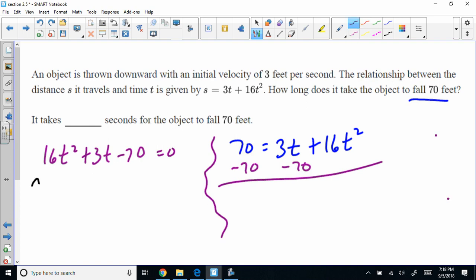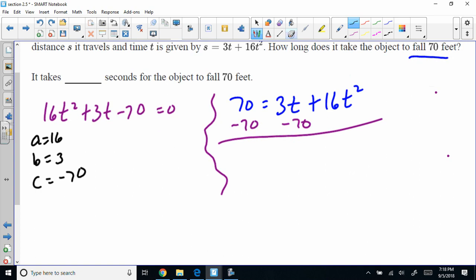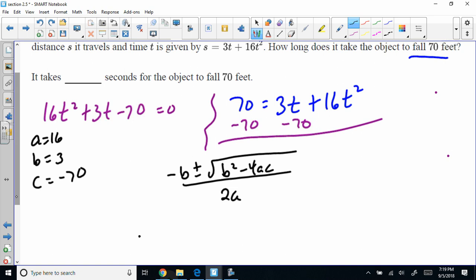So a equals 16, b equals 3, c equals negative 70. I always pull those out because it's just good math. And I always write the equation, because if you write the equation, you're less likely to have to memorize it.